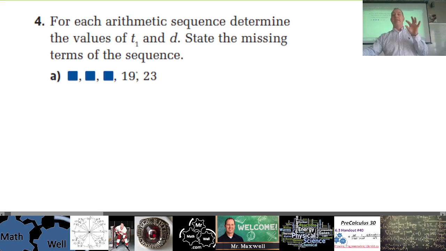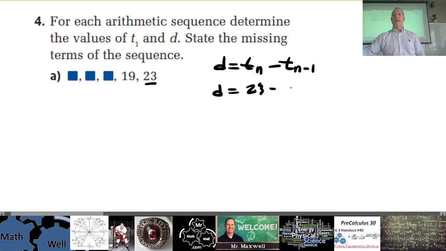Okay, so I want to find the difference between 2 consecutive numbers, which is 19 and 23. So D technically is, remember, T of n minus the term just before it. This is the fancy way of writing that. Or D in this case will be 23 minus the one just before it, 19. Or D is 4.